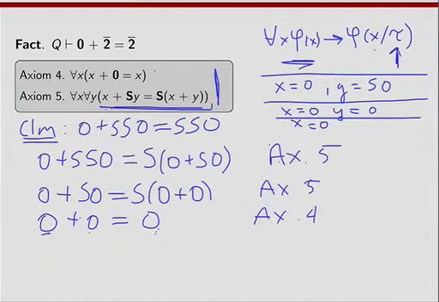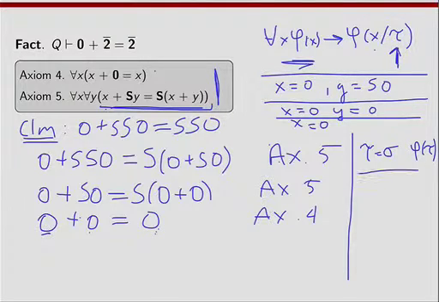Now we apply Leibniz's law twice. This is replacement of equality: if we can prove τ equals σ and φ(τ), then we can always derive φ(σ). So we've been able to derive that 0 plus 0 is equal to 0.